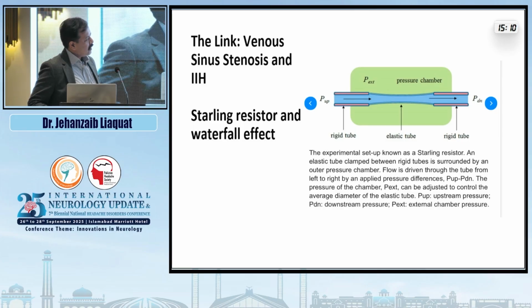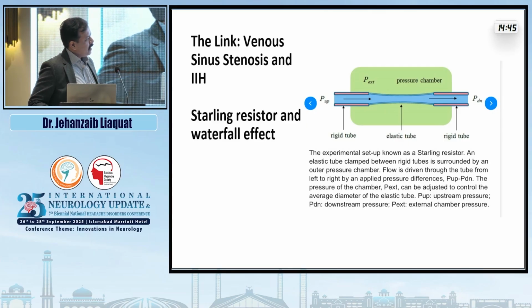As the external pressure increases, there is compression on the venous sinuses. The lumen decreases, and in order to ensure adequate flow through this narrow part, the upstream pressure increases, and a gradient develops between the initial and the second part of the sinus.